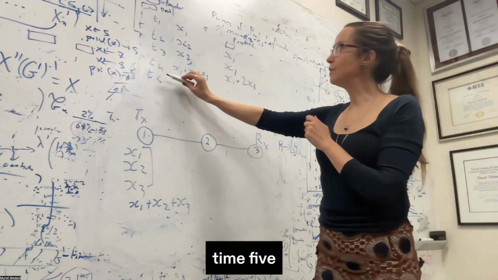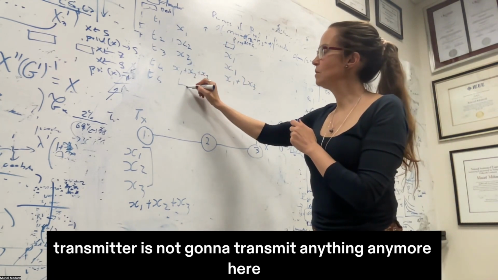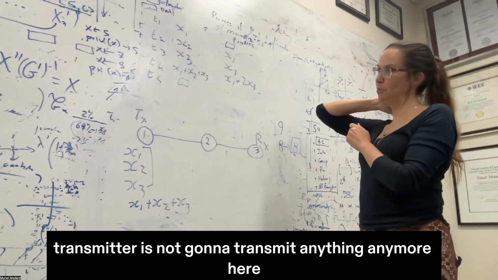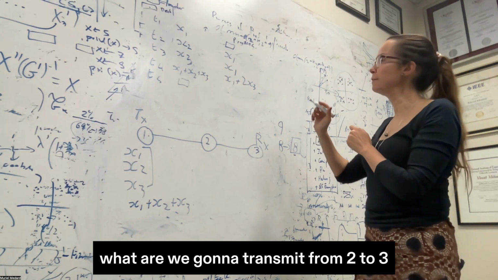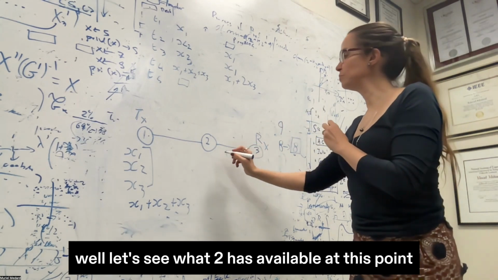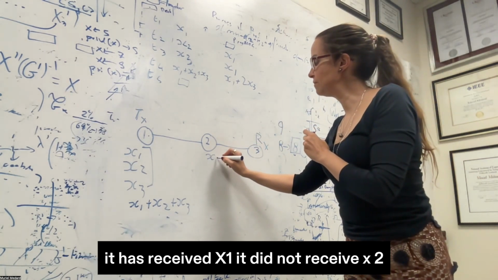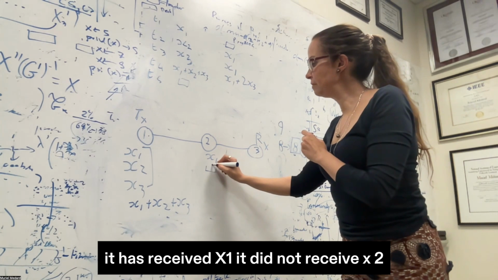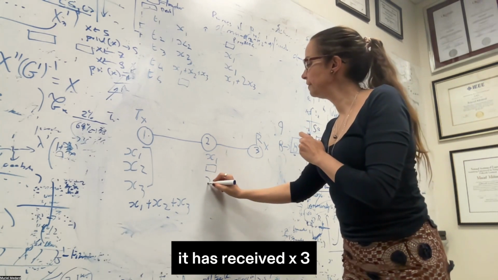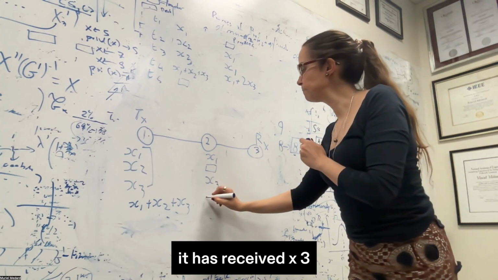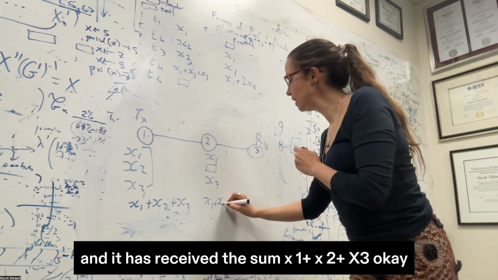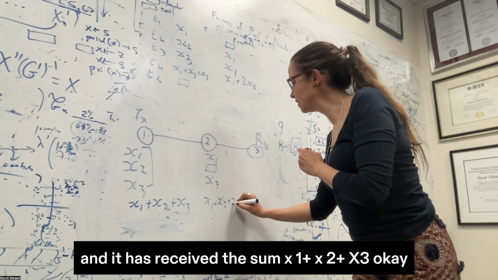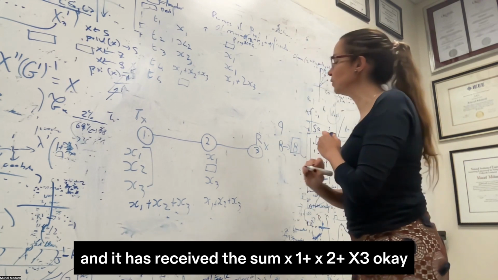Okay. Time 5, transmitter is not going to transmit anything anymore here. What are we going to transmit from 2 to 3? Well, let's see what 2 has available at this point. It has received x1. It did not receive x2. It has received x3. And it has received the sum x1 plus x2 plus x3. Okay.